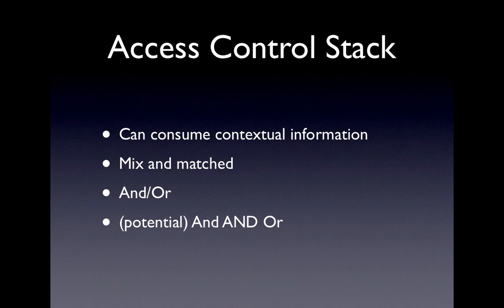And if that variable has been set in a particular way, then you can return. So that's not contextual information. You're actually querying the database asking, hey, what's going on here? And some access plugins can work that way. Others actually end up consuming the context of the page that you're on. So they aren't limited in that regard. It can really go either way. You can mix and match it. You can do and or.